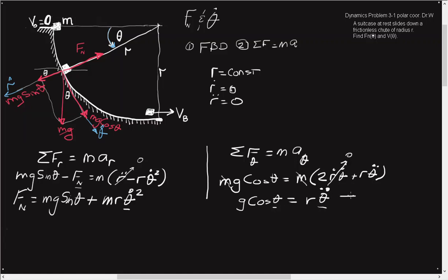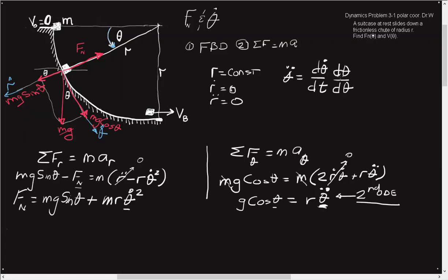So this right here is a second order ordinary differential equation. And one very nice technique that we can use to solve it is that we can convert this right here. So if we take a look at that, theta double dot by definition would be d theta dot dt, right? The dots imply that it's a time derivative. Now we can convert this by multiplying and dividing by d theta.